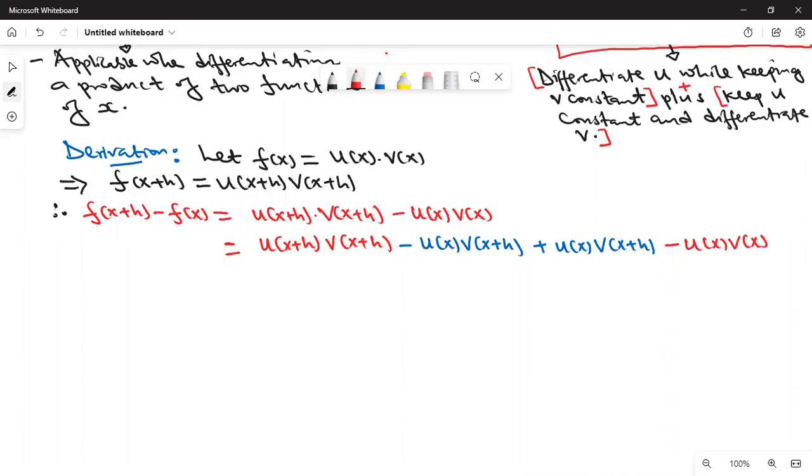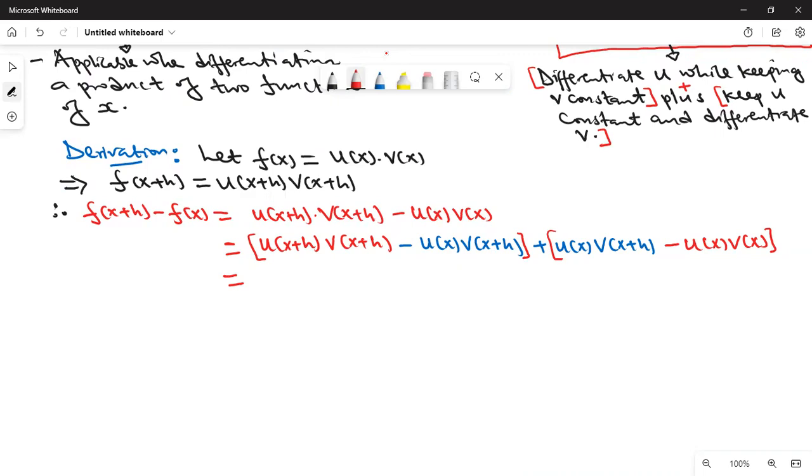And so this can as well be written as, I want to combine this to form one group and also this to form another group. So in the first group, what is common? I can see v of x plus h is common.